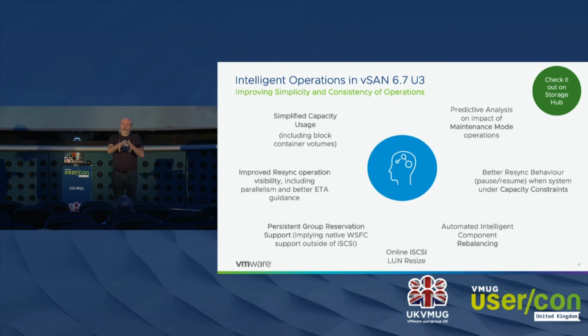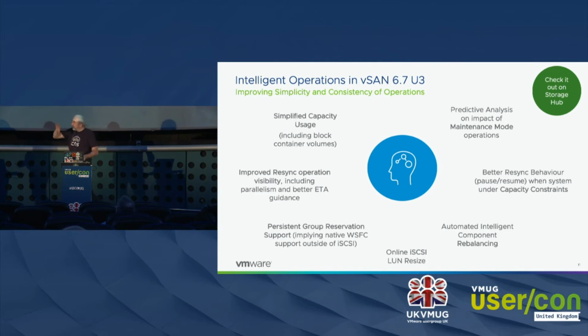Whichever node is successful in putting that reservation on the shared device or shared disk, that's the one that will take ownership of the service. The other one will just give it up. We could never put SCSI reservations on VMDKs that were sitting on a vSAN datastore prior to the 6.7 U3 release. With 6.7 U3, we can absolutely do that. So now you can run Windows Server failover clusters on top of vSAN as well.